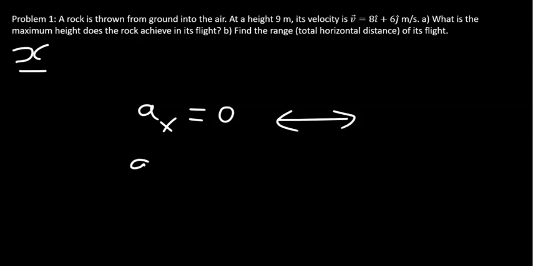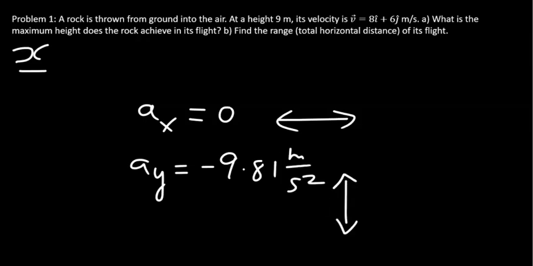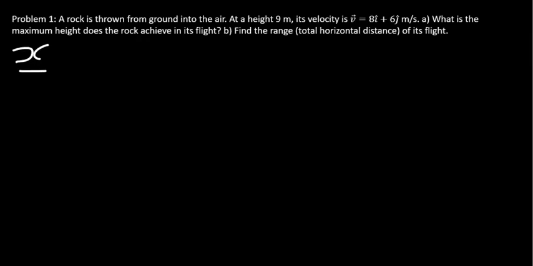The acceleration along the y direction, as we saw, is minus 9.81 meter per second squared, and that is along this direction. It's a constant, so kinematics apply in that direction as well. Since there is no acceleration along the x direction, that speed is constant throughout.